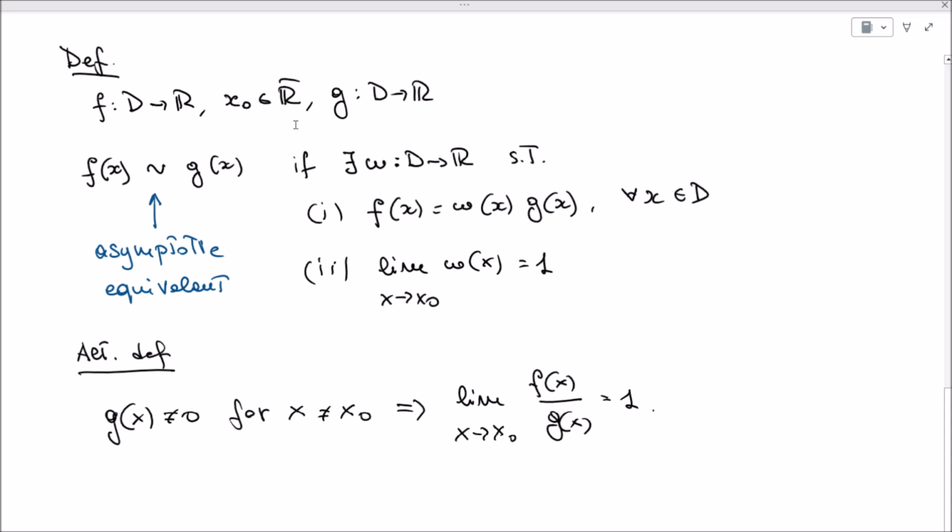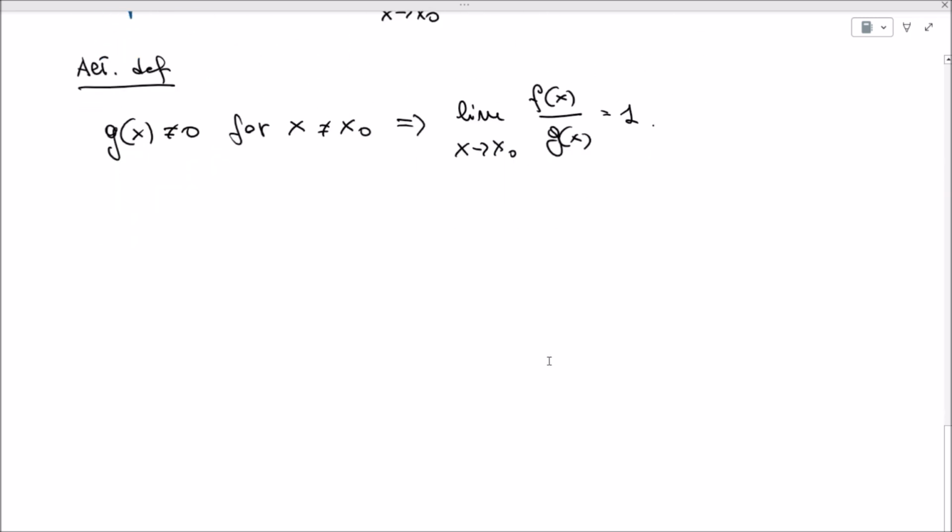Okay, so let's now see these definitions in the context of a few examples. Let me start with example 1.